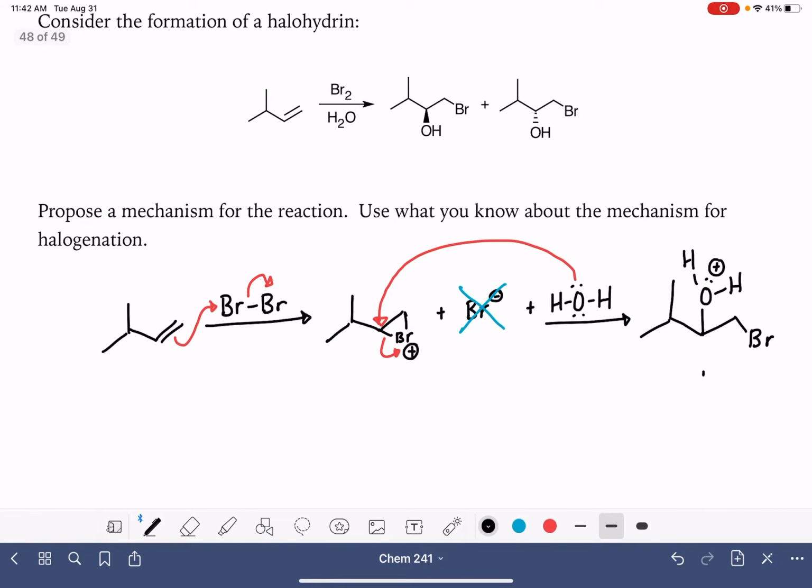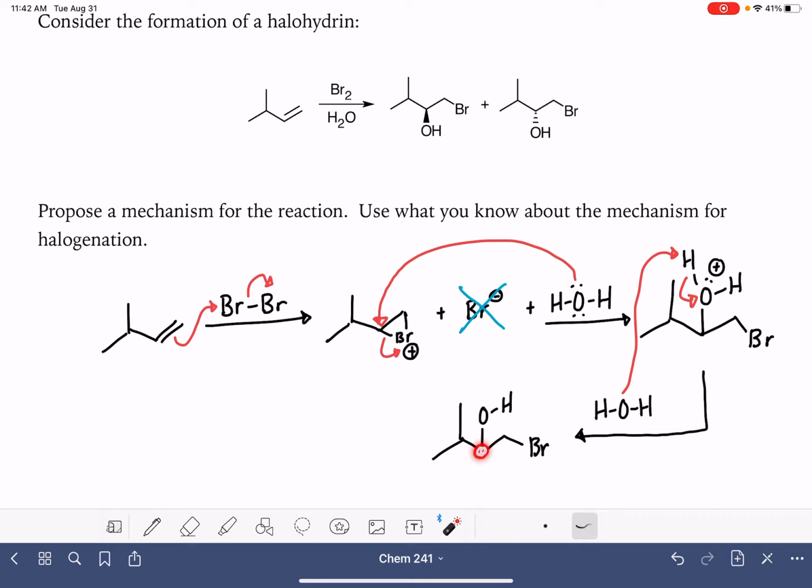So what we need to do is clean this molecule up. I'm going to use another water molecule. We've got lots of water molecules present. I'm going to use another water molecule to do the deprotonation here, and that's going to give me this product like that. Now, this carbon atom is chiral, so we do need to show some stereochemistry on this particular carbon atom.